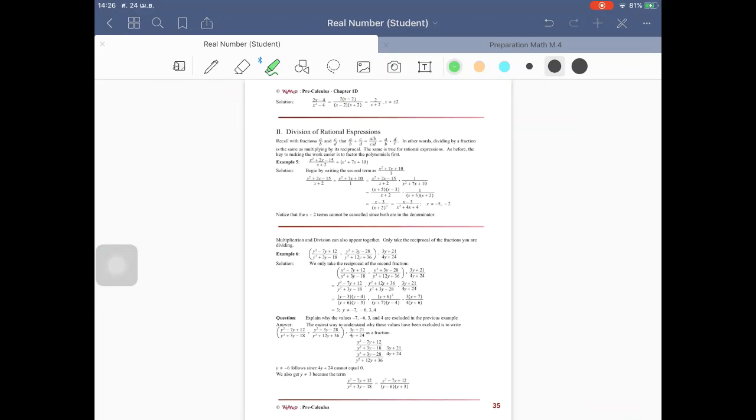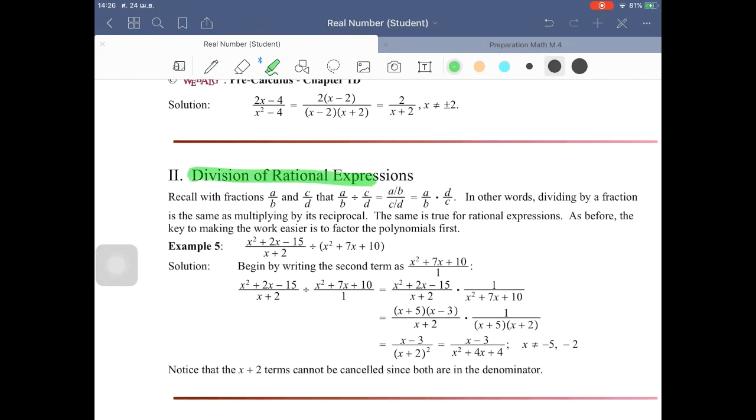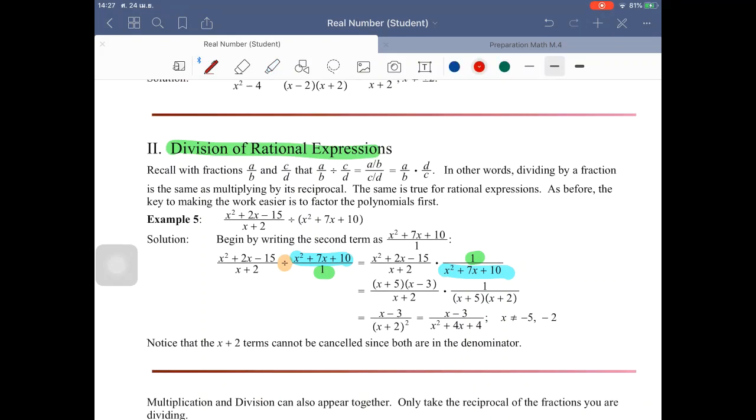Okay, next one, division is actually the same as multiplication, but for the term after the division symbol, you just switch the numerator and denominator, and then you simplify each one, factorize each one as we did last question, and then eliminate some terms.